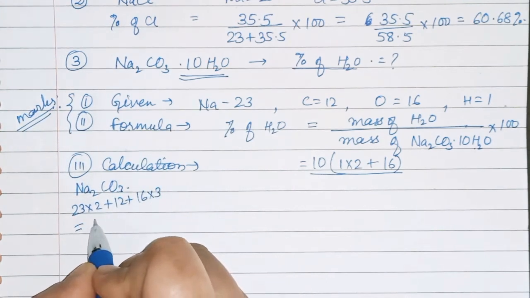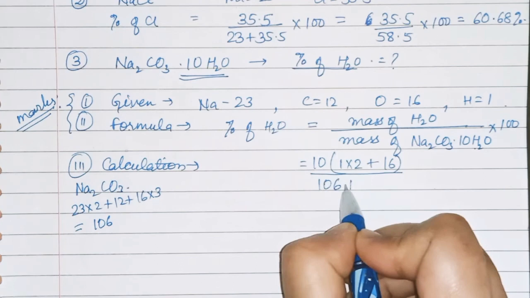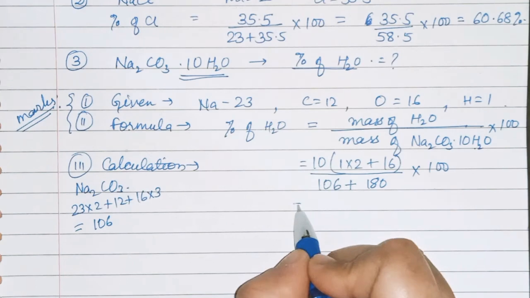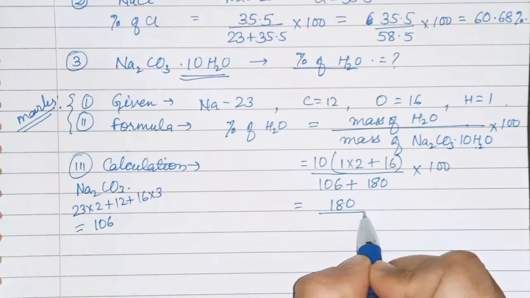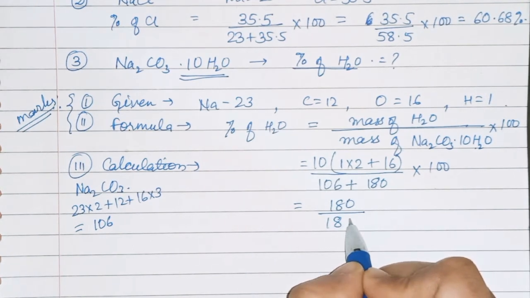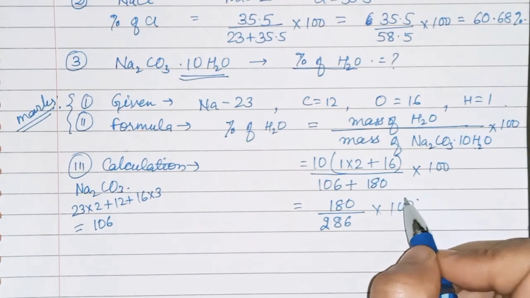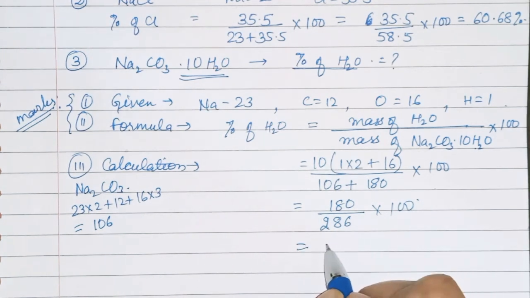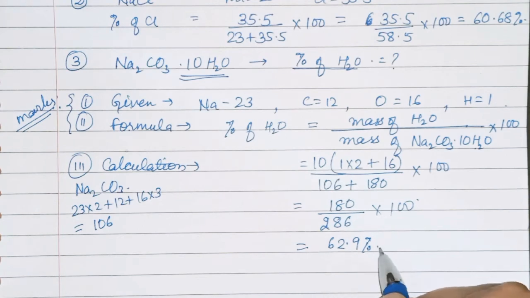You will get 106. So here 106 plus 180, into 100. After doing the calculation, 180 upon 286 into 100, the final answer that will come is 62.9. This is the percentage of water.